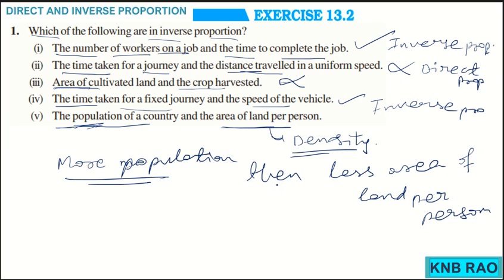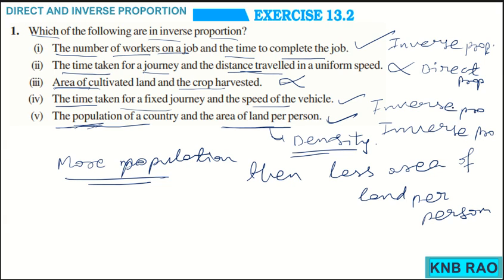A more dense place, if you take the metropolitan cities such as Calcutta, is a thickly dense population we have, that means more number of people living within less space. So that is why it is more population, less area of land per person. It is also one way inverse variation only here.